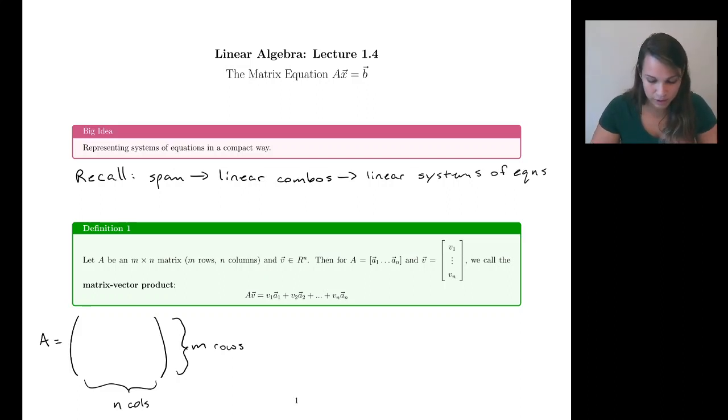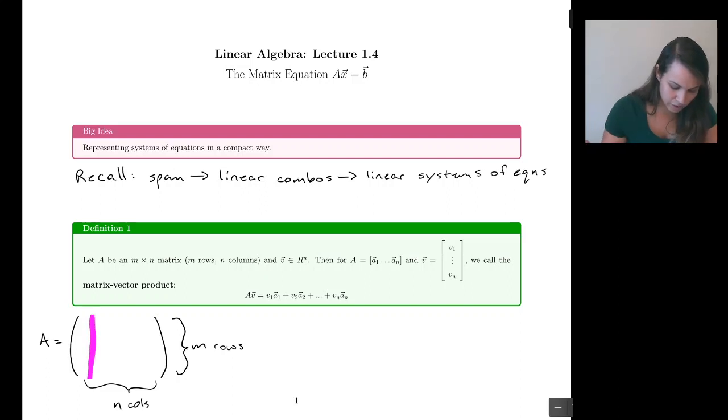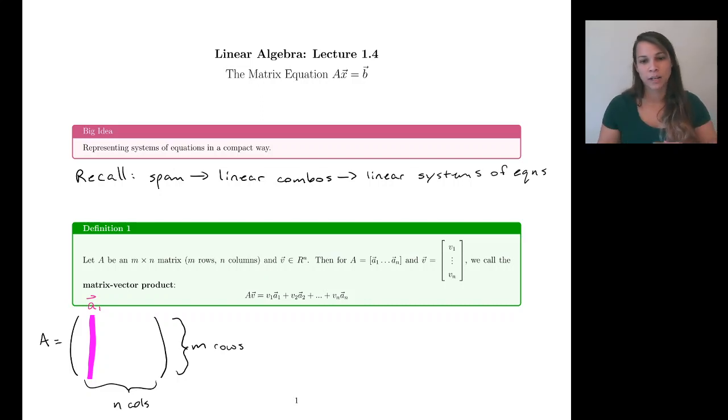So now what we're going to do is write A in a nice little compact way, where we take the first column and write that as a vector, A1. And then we'll take the second column and call that vector A2, all the way up to the nth column. So, quick question about A1. We're going to do a note.